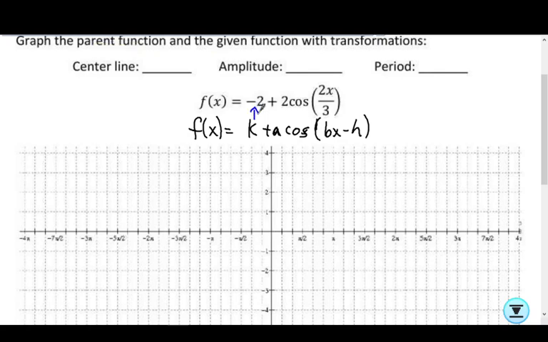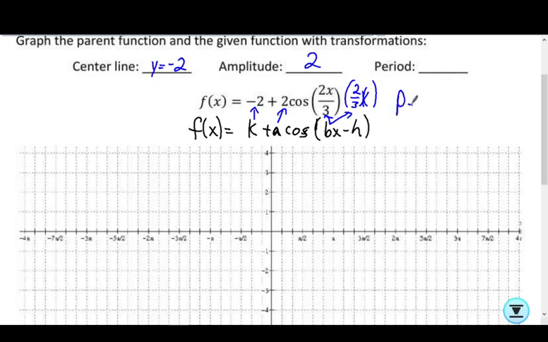So k, that is our vertical shift, which means my center line is at y equals -2. A is my amplitude, which is 2. B is right here, and you can't really see it, but if I rewrite this as 2/3 times x, you see that my b is 2/3.